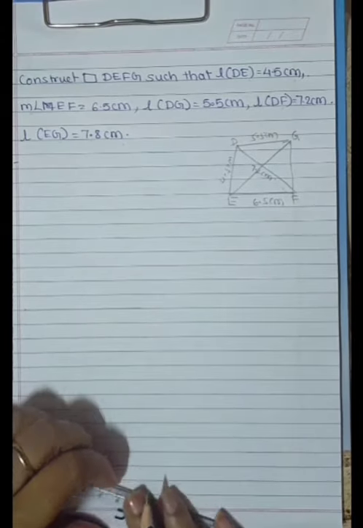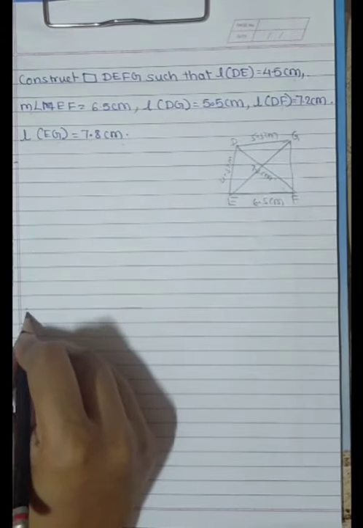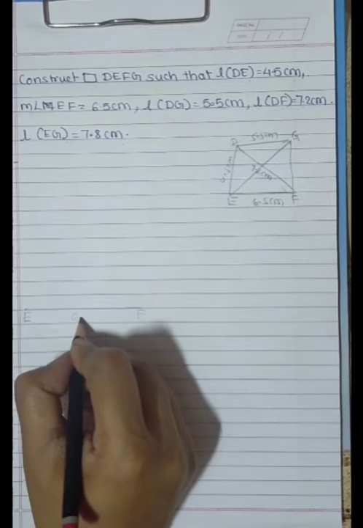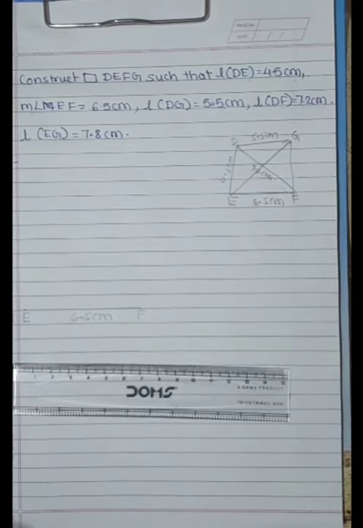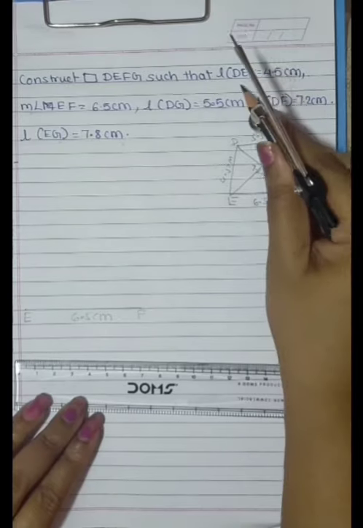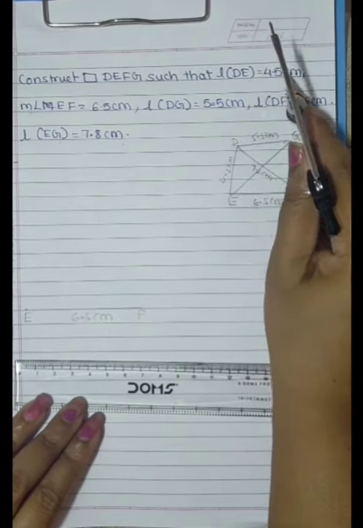Okay, that is our E and F, 6.5 centimeter. Okay, next what is given? DE is equal to 4.5 centimeter.